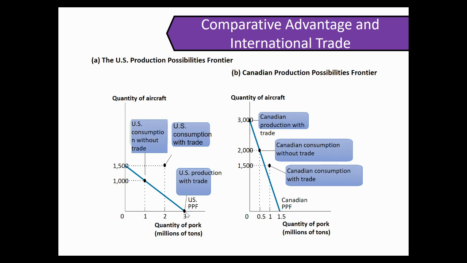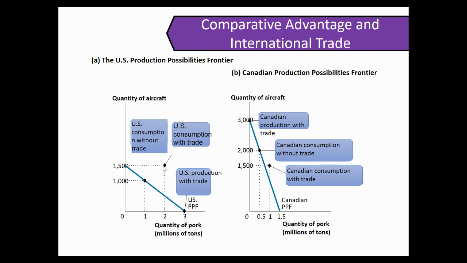In this example, aircraft versus pork. If the United States produced all pork and Canada produced all aircraft and specialized in trade, and the trade ratio is a good number, they both can be outside of the production possibility frontier.